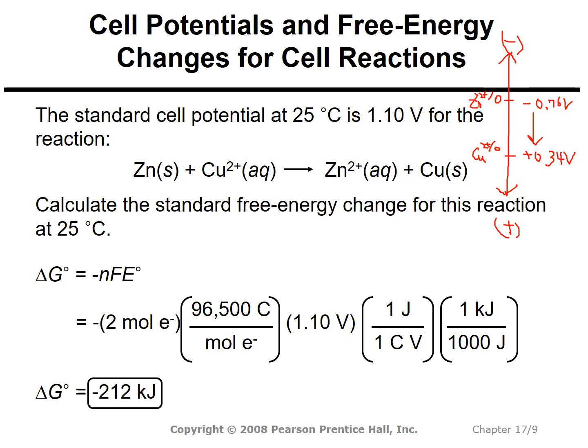So zinc would be oxidized, and then copper would be reduced by getting the electron from the zinc pair. So reduction happens, and then the cell potential would be read at about 1.1 volt.